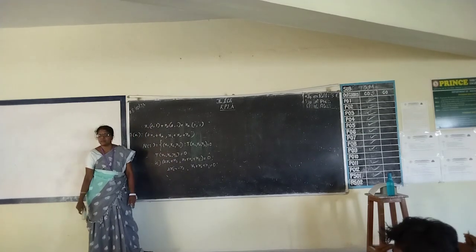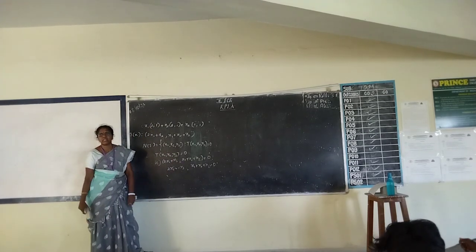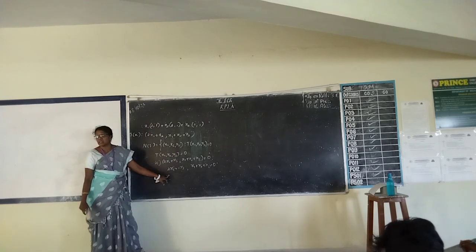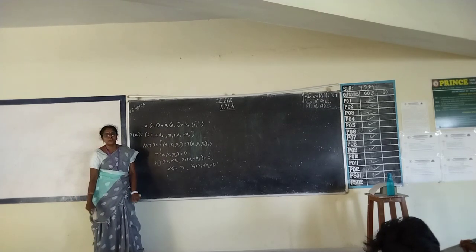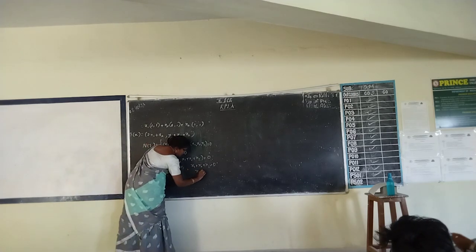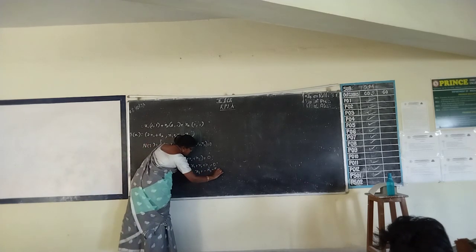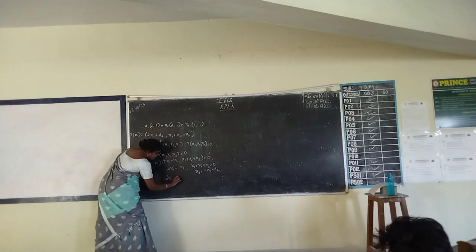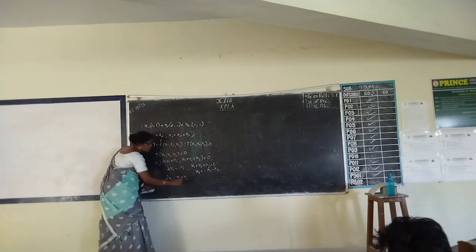Okay, but no need to confuse with any denominators. Any other way also you can do this. How can we reduce it to 2? x3 equal to minus x1 minus x2. So 2x1 is equal to x1 plus x2, because minus of x3.